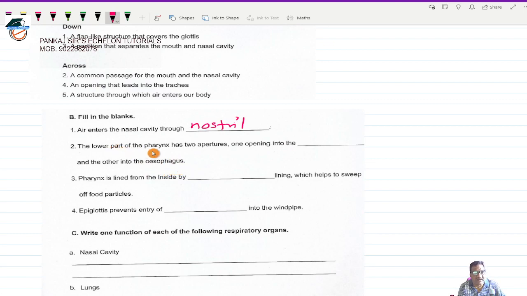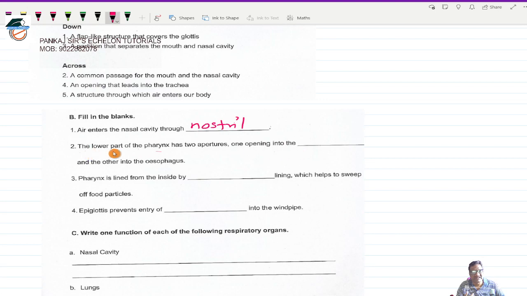Now the lower part of the pharynx, below the pharynx you have the larynx, and this larynx again opens into two tubes. One opening is into the tube called trachea, and the other one is into a tube called esophagus. Esophagus is also known as the food pipe, and trachea is also known as the windpipe.